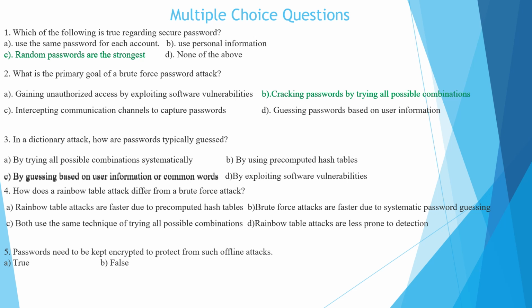Question number 4. How does a rainbow table attack differ from a brute force attack? As we know, in a brute force attack, possible combinations are tried, and in a rainbow table attack, a precompiled hash table file is used. So the correct answer is rainbow table attacks are faster due to pre-computed hash tables.